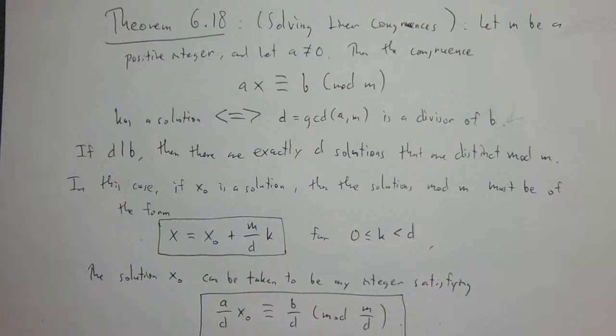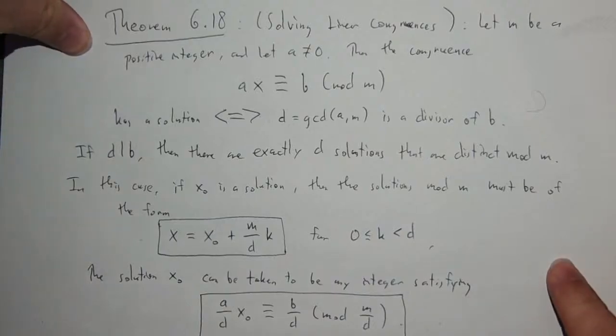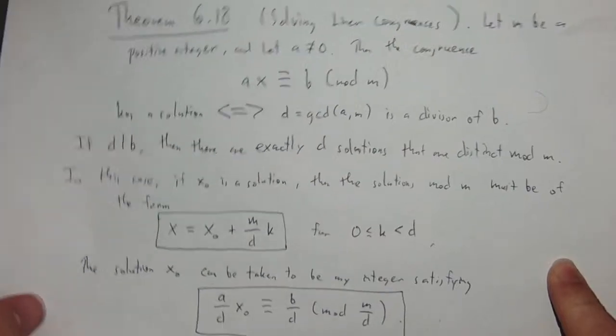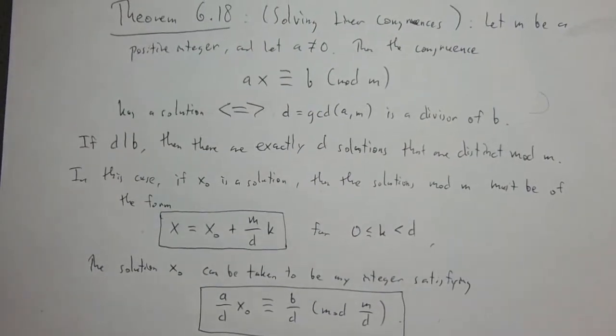So a lot is said here in this statement. The proof is not too long, but I'll say it's longer than typical for the proofs in this class. It's about a page long in the textbook, which, as I said, is a little bit longer than is typical for our proofs.